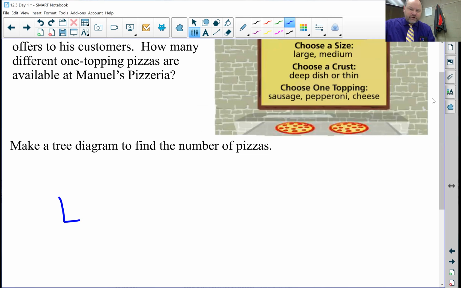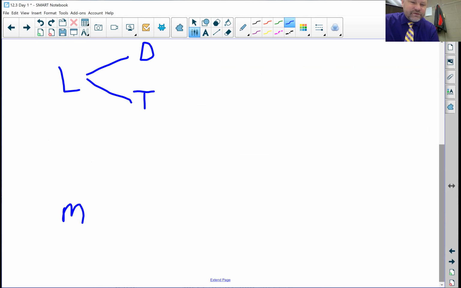If we choose the large pizza, then we still have 2 choices for crust. We could either have deep dish or thin. And if we choose a medium pizza, we still have 2 choices for crust, deep dish or thin.